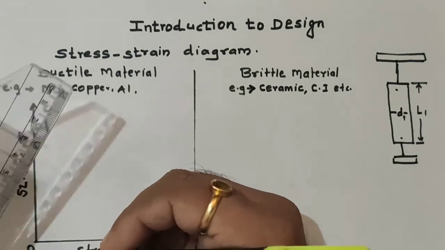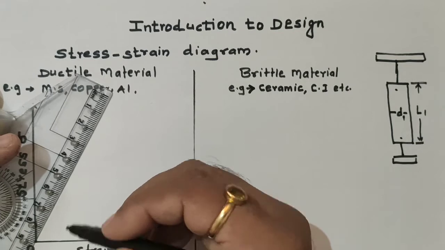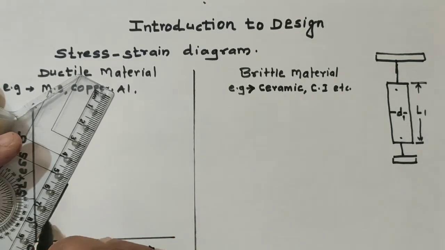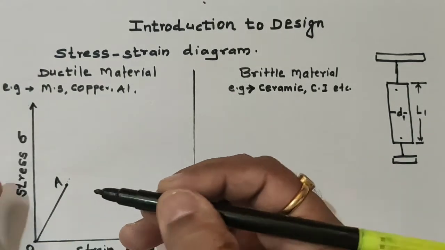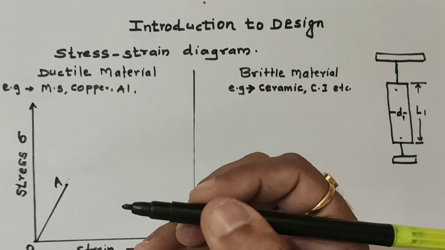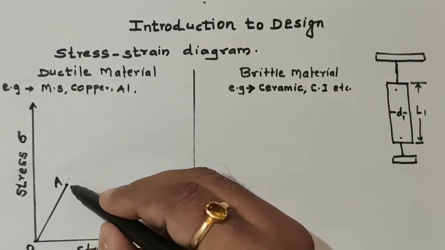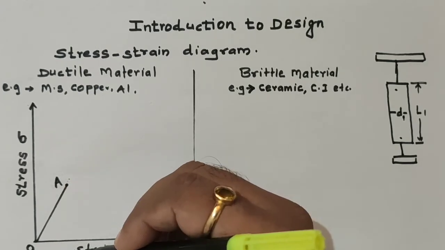So from O to A, the stress is directly proportional to strain. O to A is a straight line, that is, stress is directly proportional to strain.